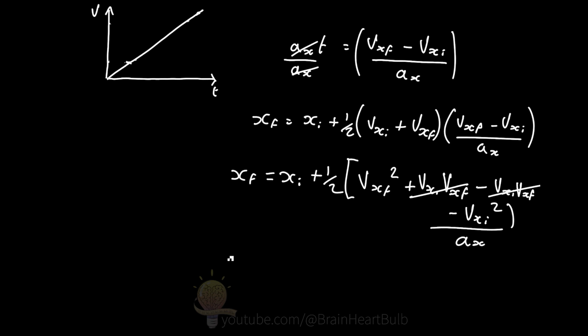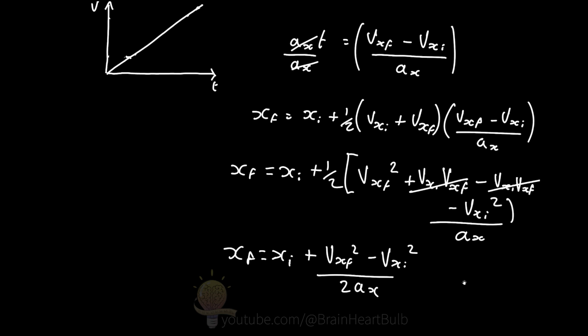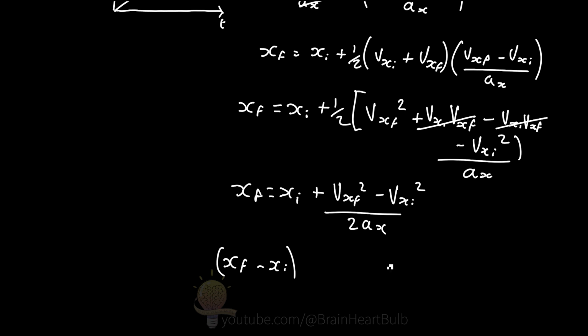Resulting in the final position, which is equal to the initial position, plus the final velocity squared minus the initial velocity squared over 2 times the acceleration. And we can rearrange to make the final velocity the subject. Multiplied by 2ax.